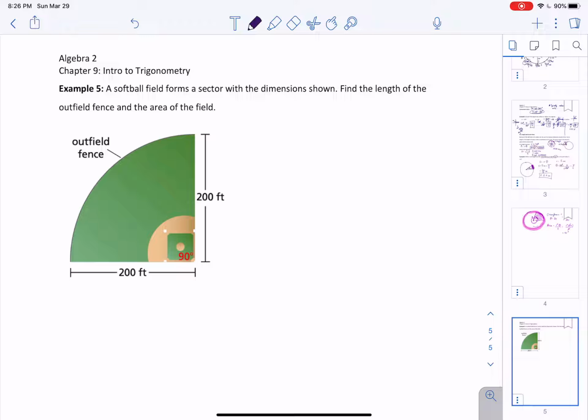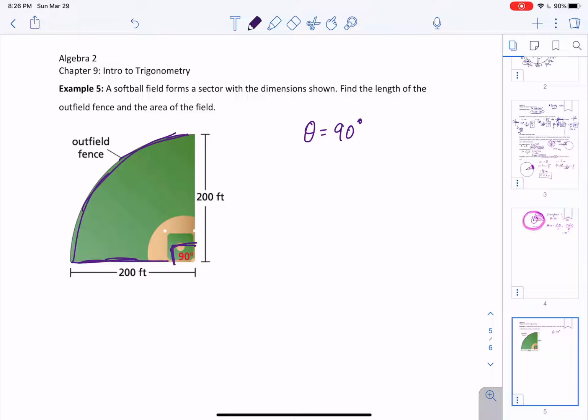So one more problem. This is a word problem, similar setup. So we have a softball field, but it's only given us this bit of the field, right? So it doesn't have to be a whole circle. As long as you can see that it's part of a circle, we can still use these formulas, as long as it's just something that's curved. So we have this bit that's curved, and we know it makes a 90-degree angle over here. So we know that theta is 90 degrees.